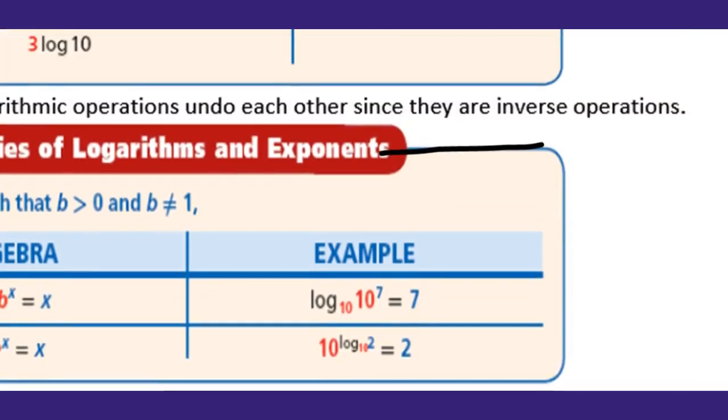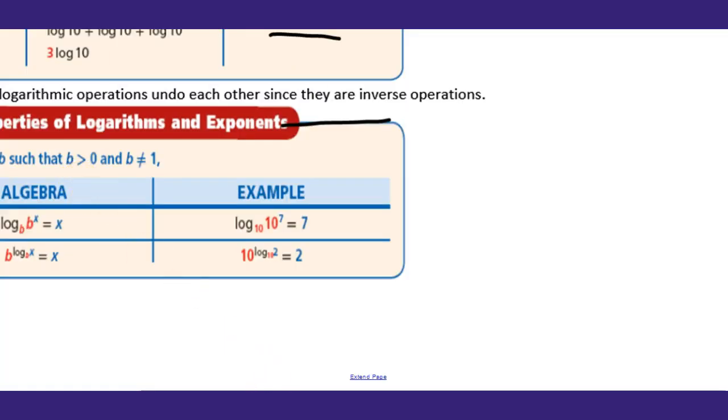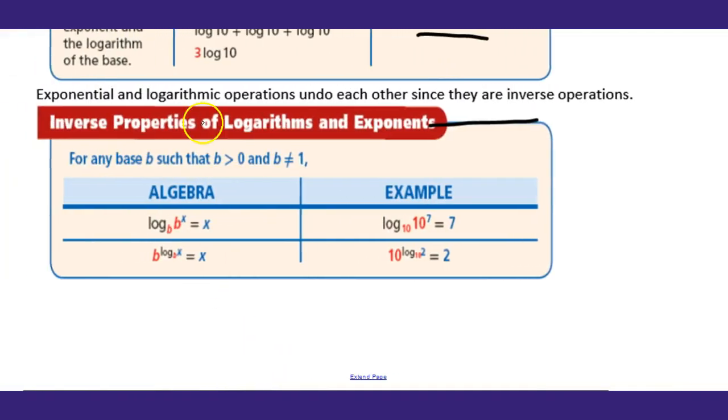Last thing right here. Let me zoom out for this one. It says exponential and logarithm operations undo each other, since they're inverse properties. Remember how the inverse of an exponent is a log and the inverse of a log is an exponent? Well, they undo each other.